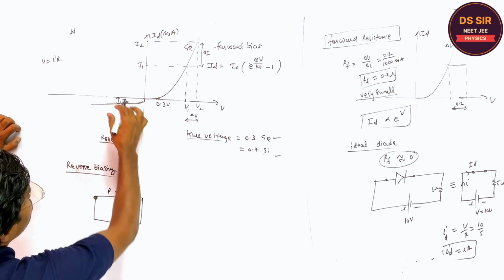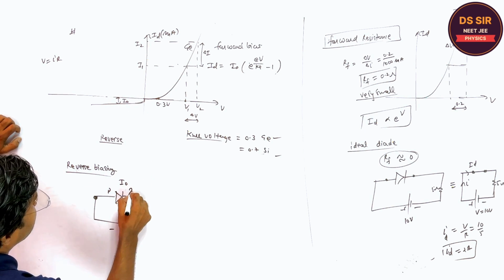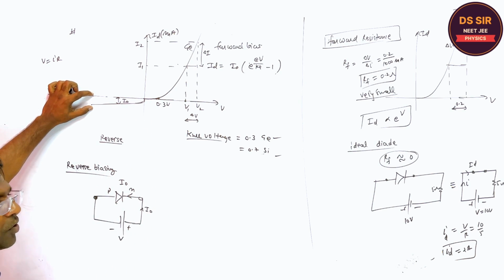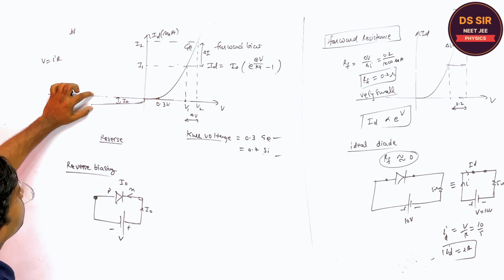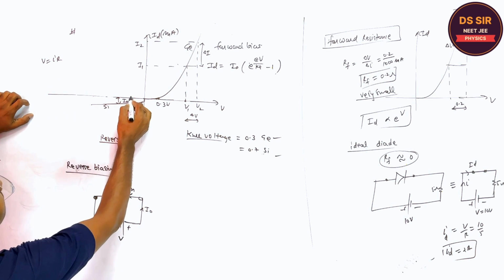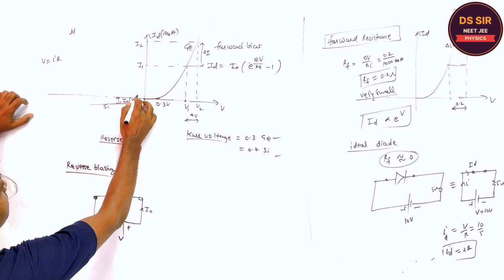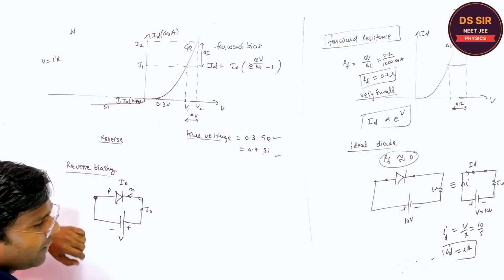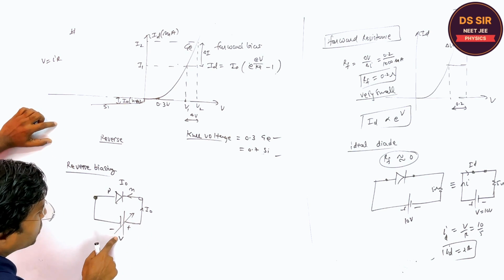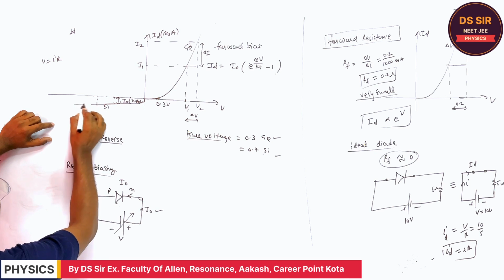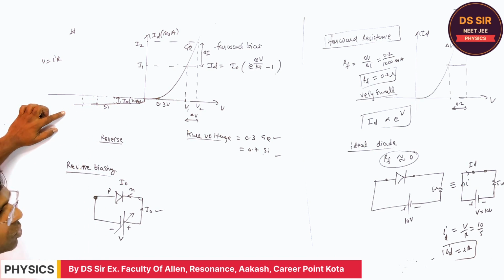So only the reverse saturation current flows, in microampere for germanium and in nanoampere for silicon. But if you increase the potential, it does not change.